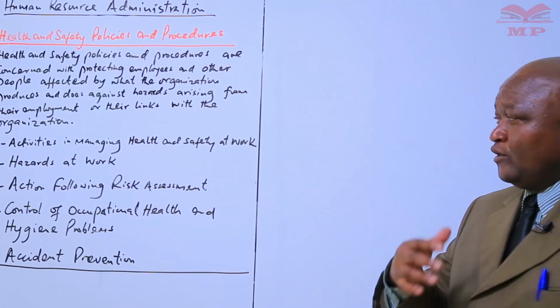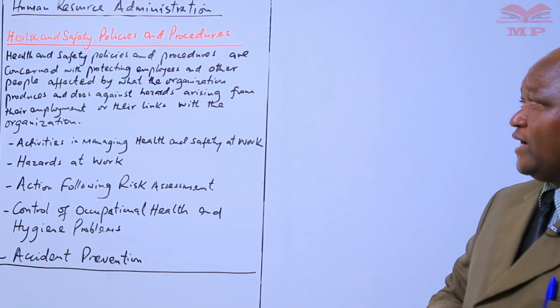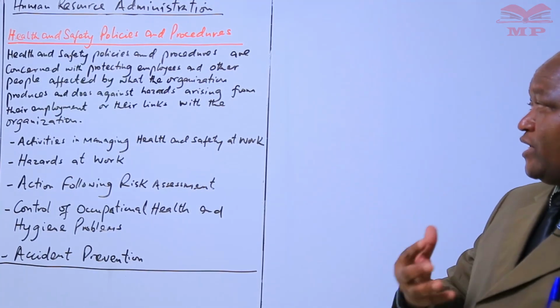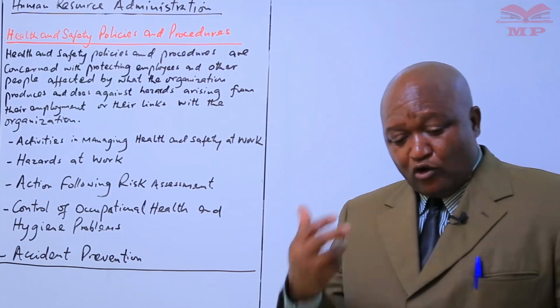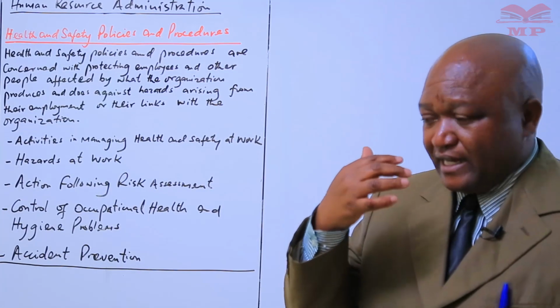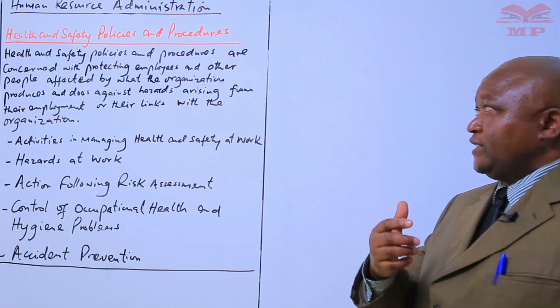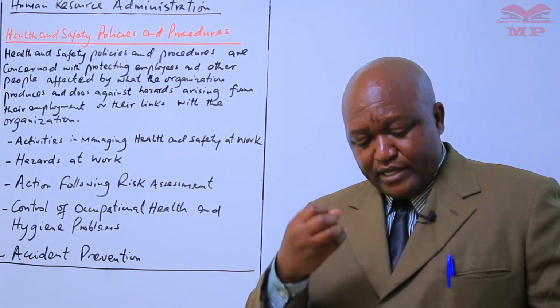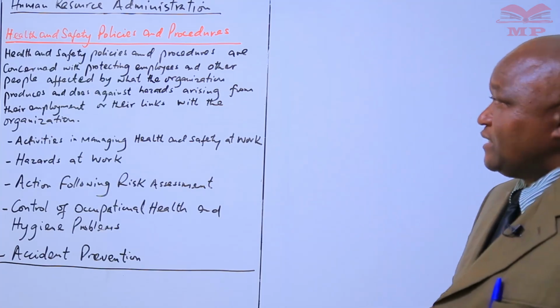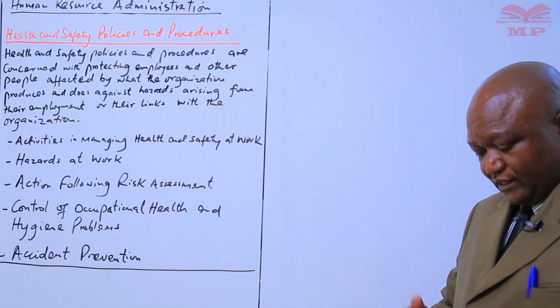We are going to take a bit of time on today's lesson so that you can come out strongly with the competencies and skills of maintaining a healthy and safe working environment through the safety procedures that an organization is expected to put in place.